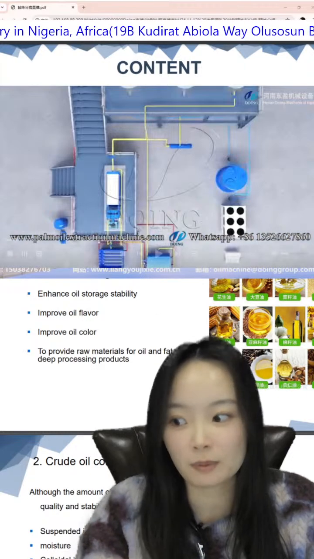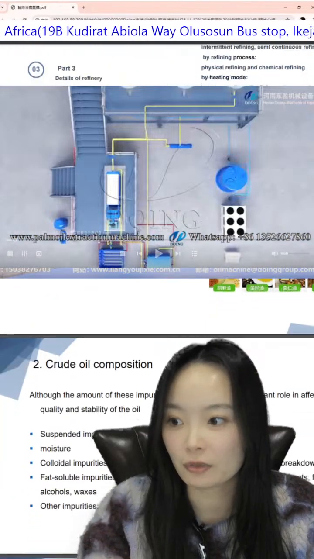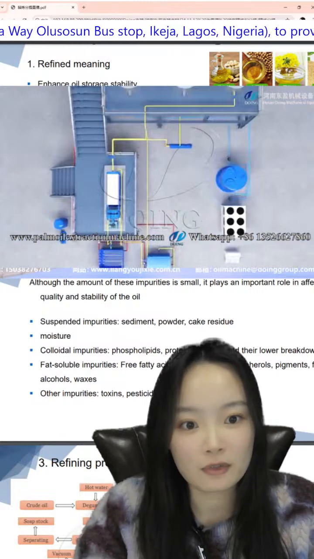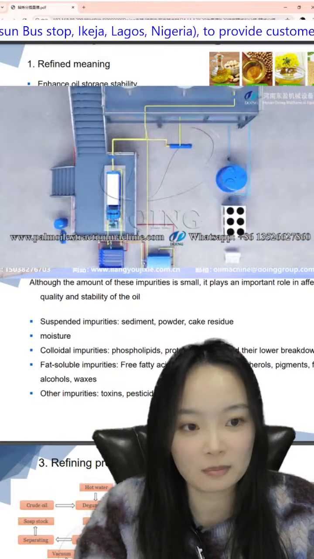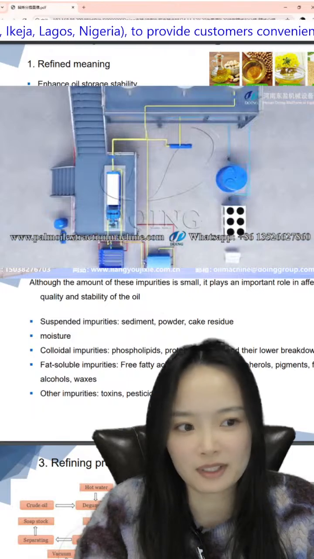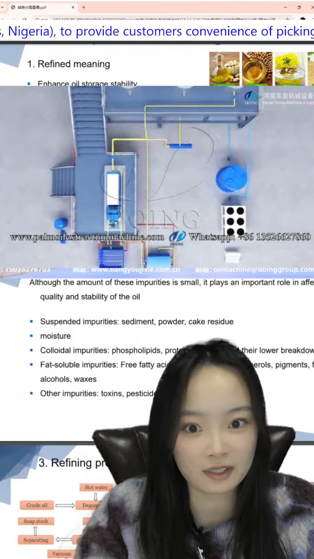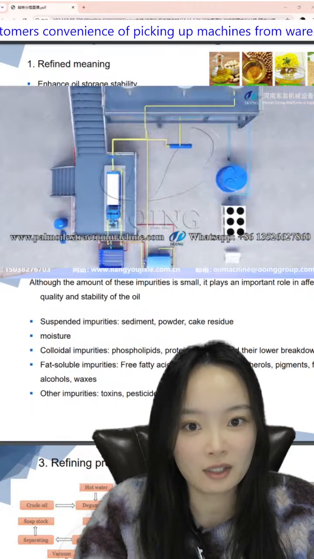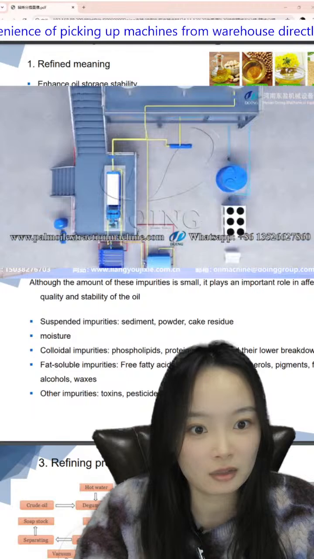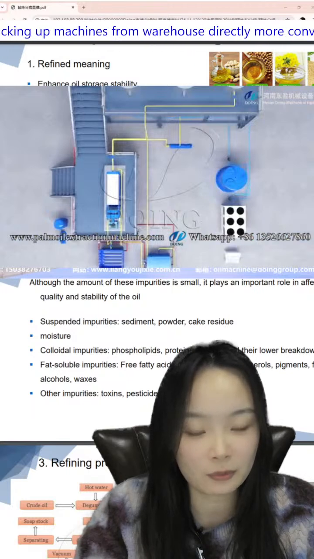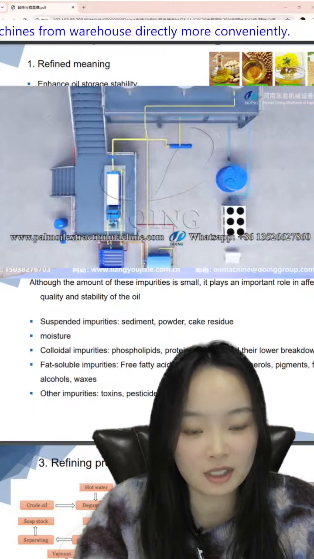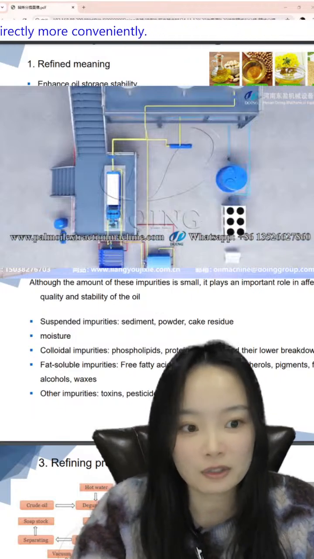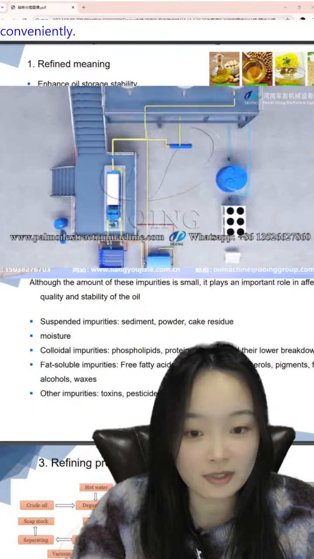It is about crude oil composition. Although the amount of these impurities is small in crude oil, they play an important role in affecting the quality and stability of the oil. There are some small impurities in the crude oil, such as suspended impurities, such as sediment, powder, and cake residue.